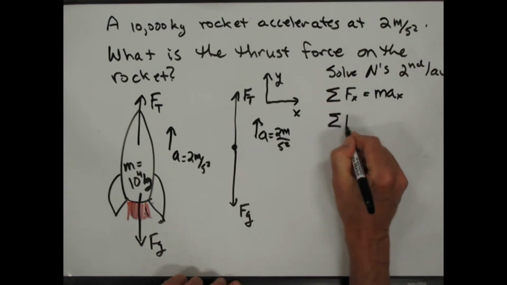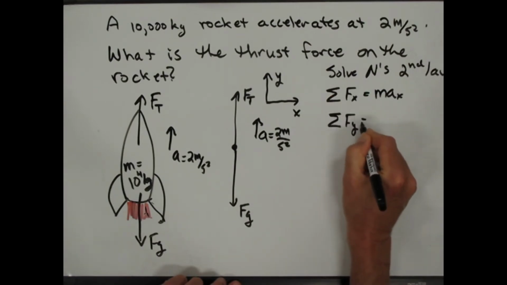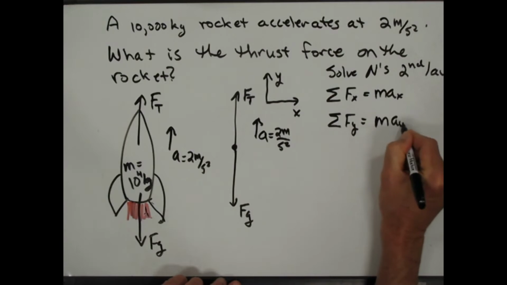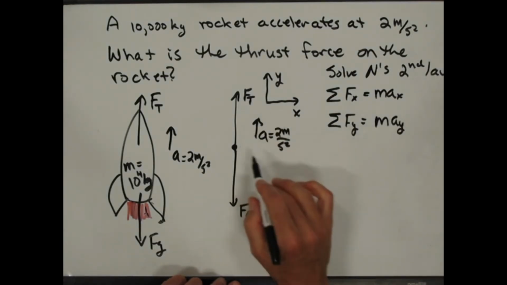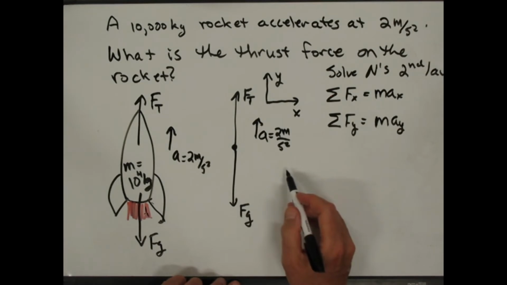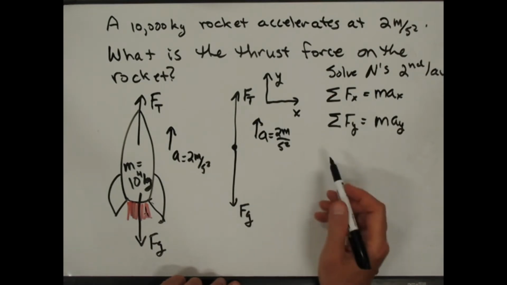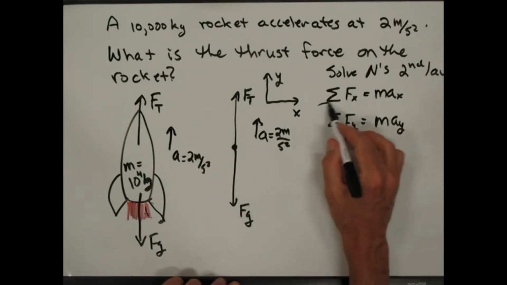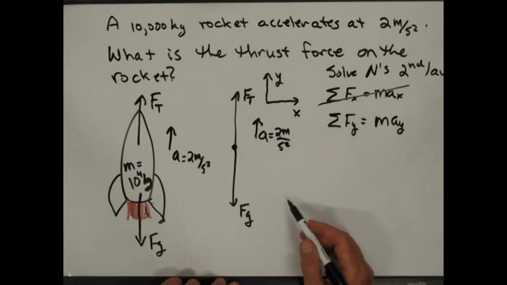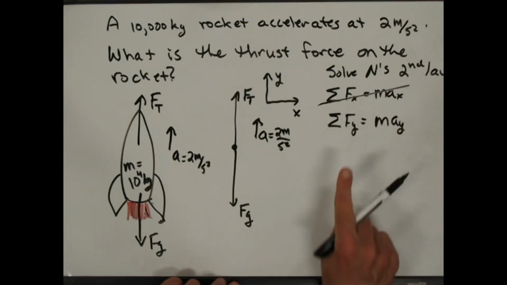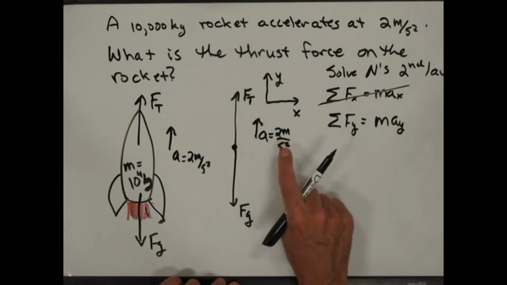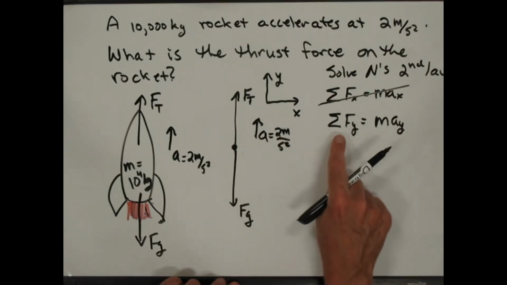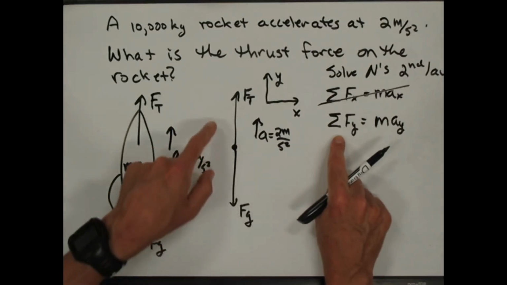And then we can write the sum of the forces in the y direction equals the mass times the acceleration in the y direction. Notice there are no forces in the x direction in this problem. And so what we're left with, we can just put a line through that and say nothing interesting is happening there. But for the y direction there are two forces acting. And the point of this is that I can just read them off of here now.